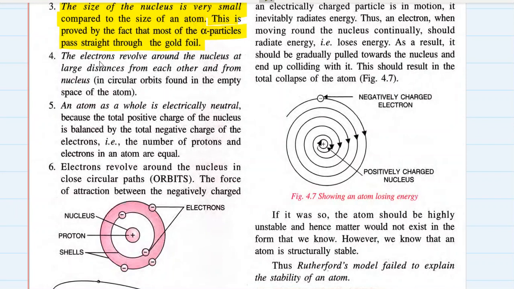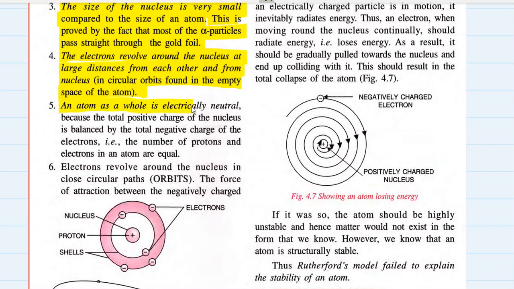But yes, Rutherford suggested regarding the electrons that the electrons revolve around the nucleus at large distances from each other and from the nucleus, in circular orbits found in the empty space of the atom. Imaginary paths, basically, shells or orbits.